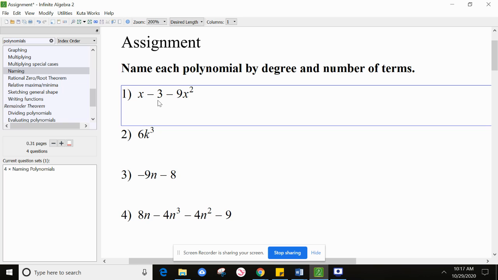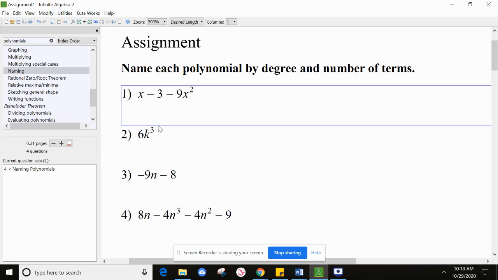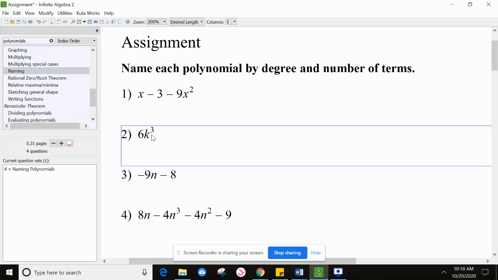So for this one, we're looking at a quadratic trinomial. For number 2, we've got just 1 term, but the first thing we want to look at is the degree. It's a 3, so that's cubic. And 1 term is a monomial. You're always going to have the exponent name first and then the nomial name second.